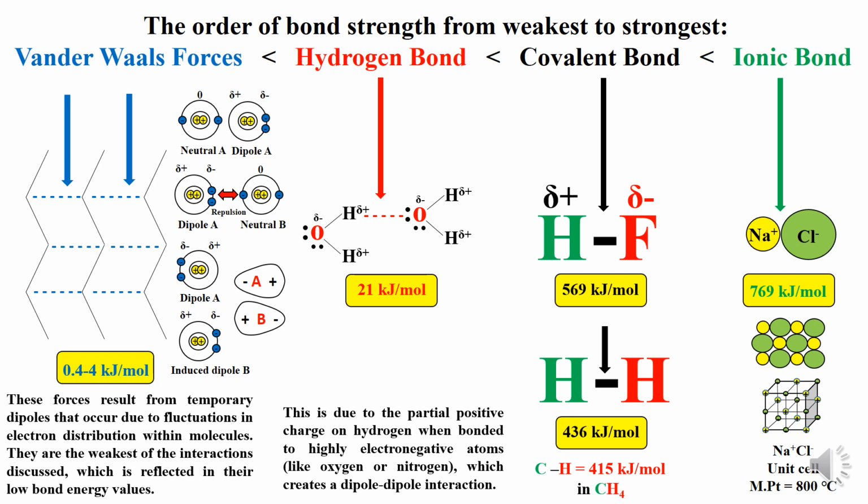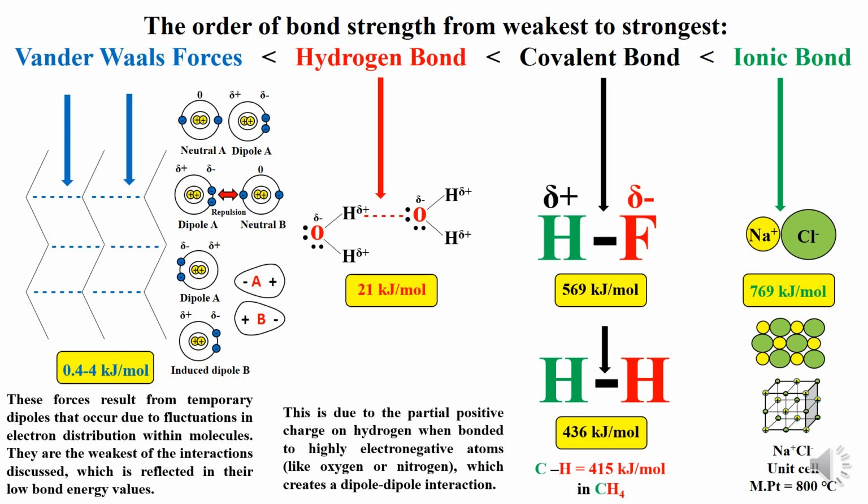The unit cell of sodium chloride is in the shape of a cube, and the unit cell of sodium chloride represents a repeating unit. When stacked together, it results in formation of the crystalline structure of sodium chloride.